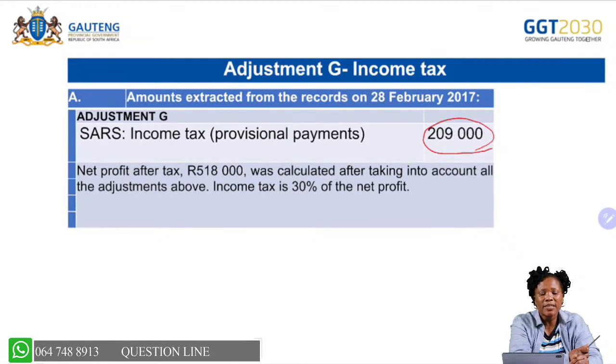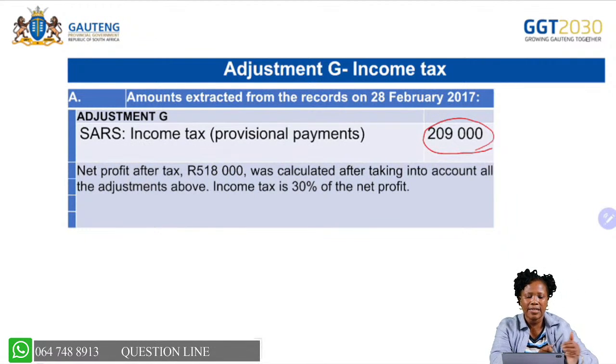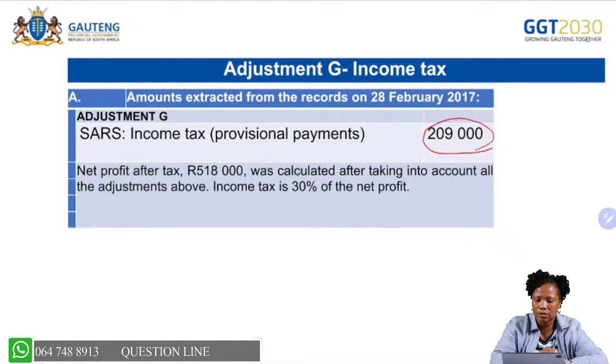And then the adjustment says that net profit after tax amounted to 518,000. That was calculated after taking into account all the adjustments. The income tax is at the rate of 30% of the net profit.